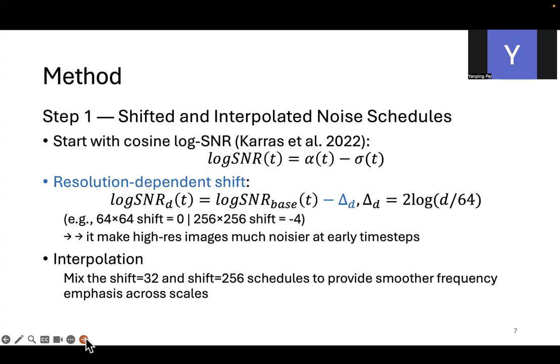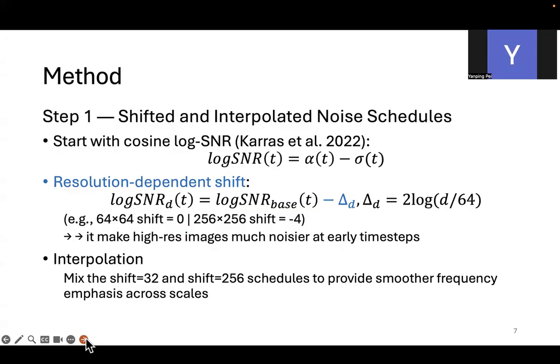Step 1. Shifted and interpolated noise schedules. Start with cosine log SNR, and then add the resolution-dependent shift, which is the delta D here. For example, the 64 times 64 shift is just 0. It makes high-resolution images much noisier at early time steps.